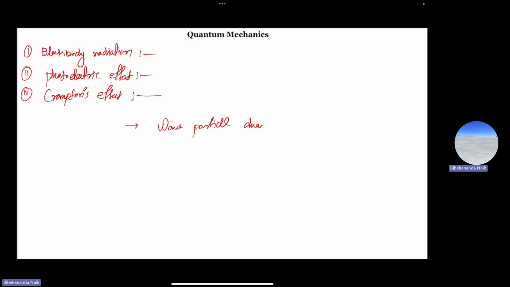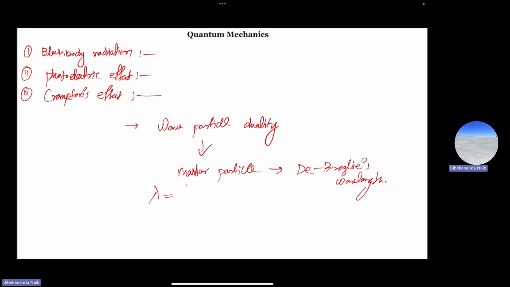We say that each matter particle is associated with a wavelength, which is called de Broglie's wavelength. Now, according to de Broglie's hypothesis, lambda equals h by mv.